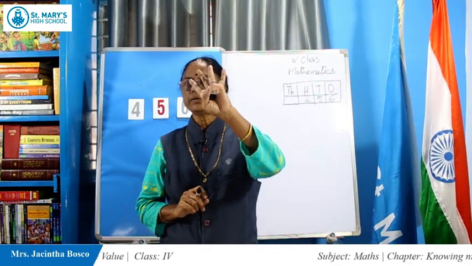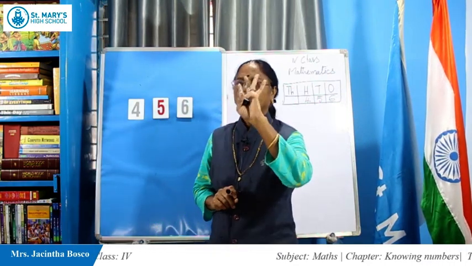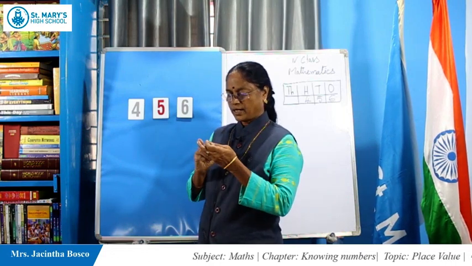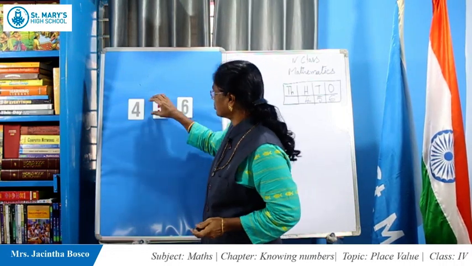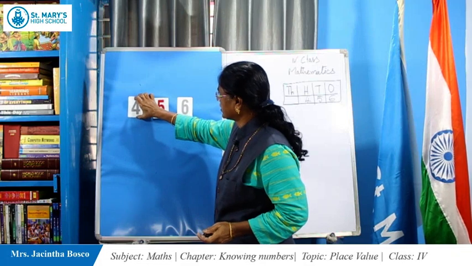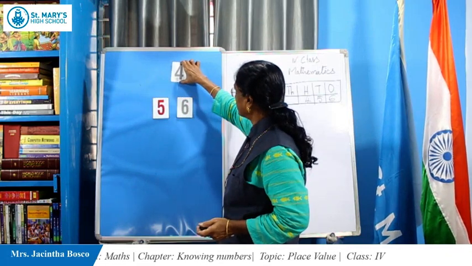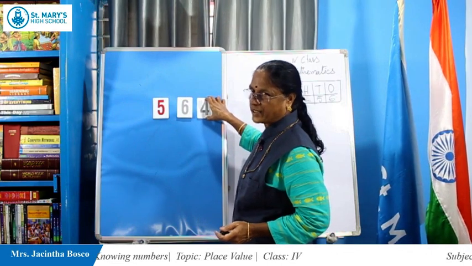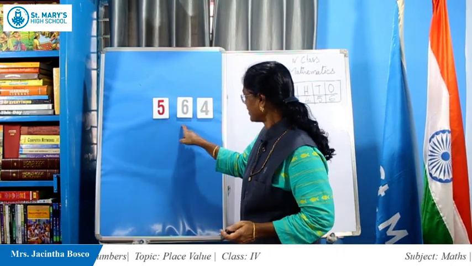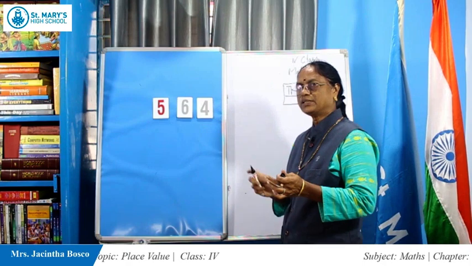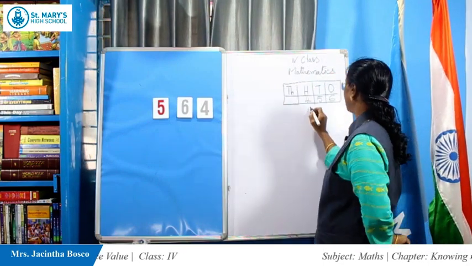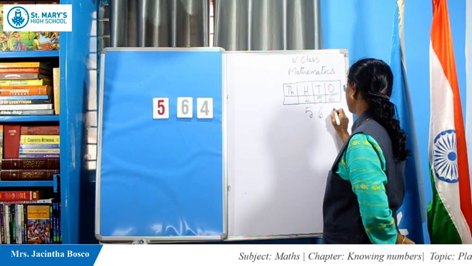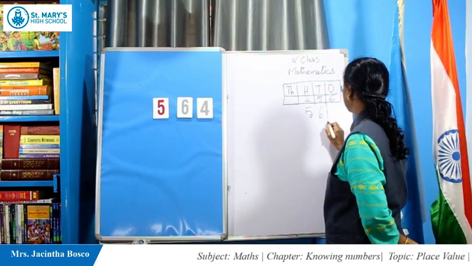456, we have 4 in the hundreds place. Now I am going to change this 4 and bring it to this place. What number did you get now? 564, isn't it?